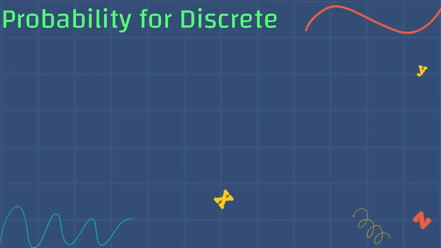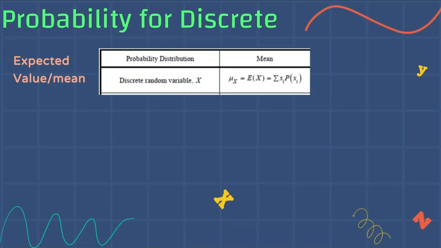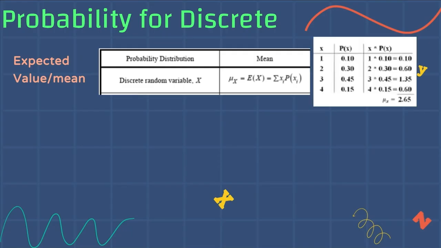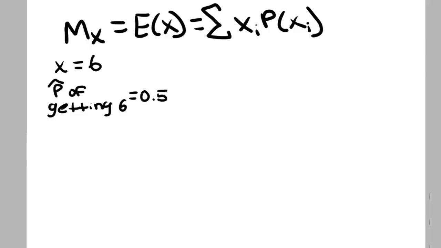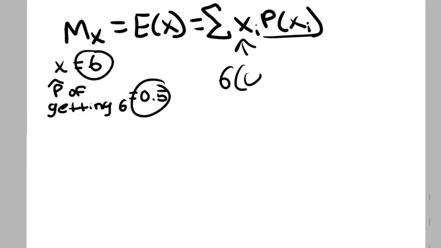Probability for discrete. So, the expected value, the mean. This is on the reference table. And this is an example. So for example, using the formula to get the expected value, also known as the mean, is basically x, so the value, let's say 6, and then the proportion of it, so let's just say it's 0.5. So the expected value would just be 3.